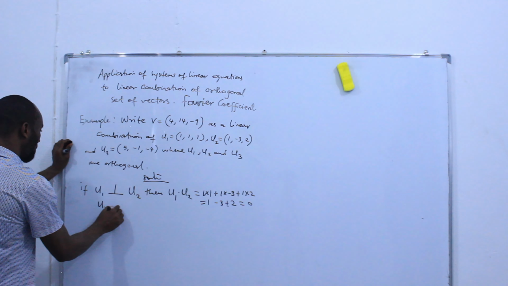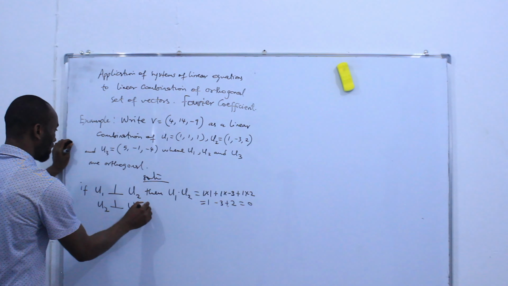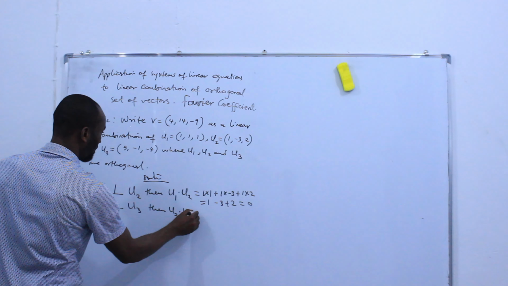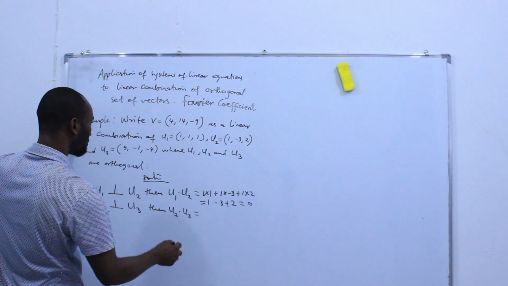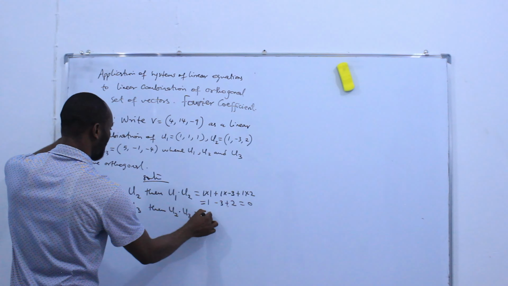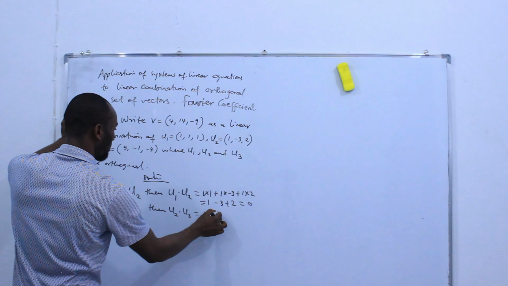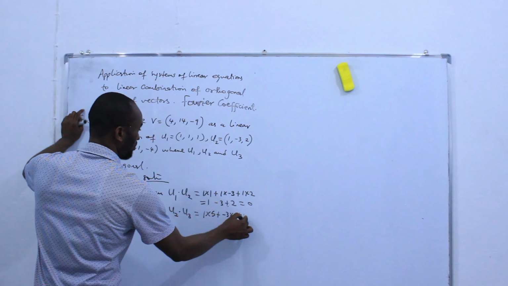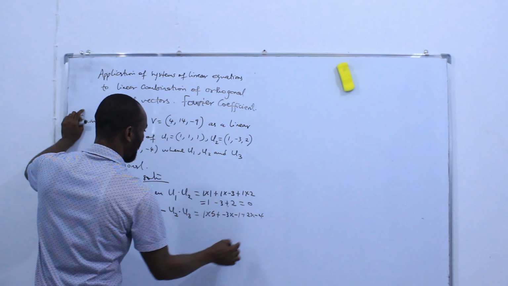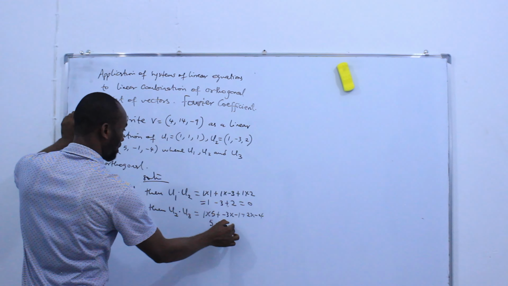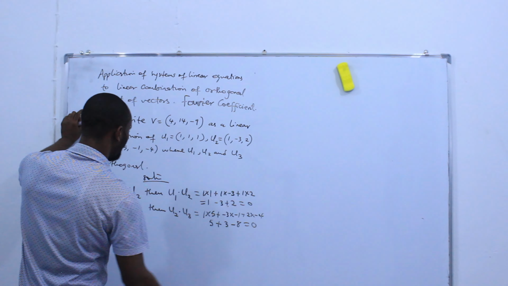If you also try the product of u2 and u3, u2 being orthogonal to u3, u2 dot u3 is 1 times 5 plus minus 3 times minus 1 plus 2 times minus 4. This will give you 5 plus 3 minus 8, which is 0.